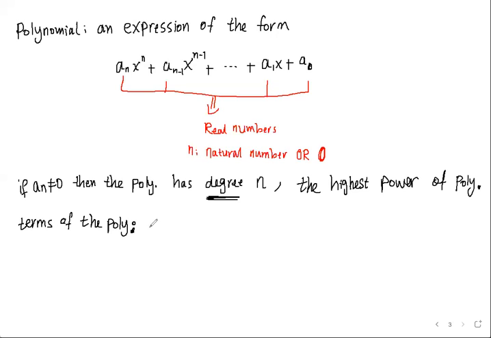So a term is a monomial of the form a_k x^k, such that again k is a natural number or 0. So let me give you examples for everything I said. Any question before I go to the next slide for the examples?